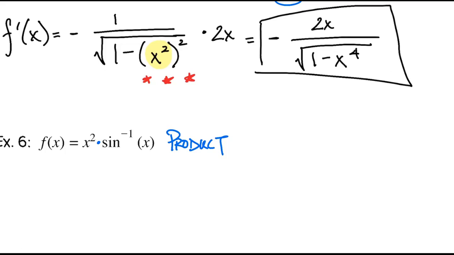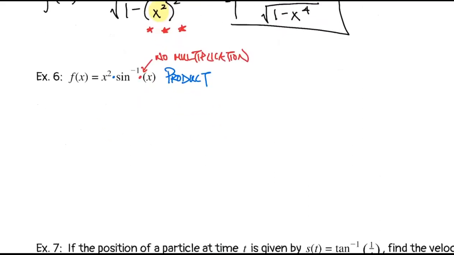Yeah, some people might think that there is a multiplication sign in between that inverse sine and x, okay? So I just want to write here, no multiplication. All right. So let's set up our product rule and then see what other rules we might need, okay?